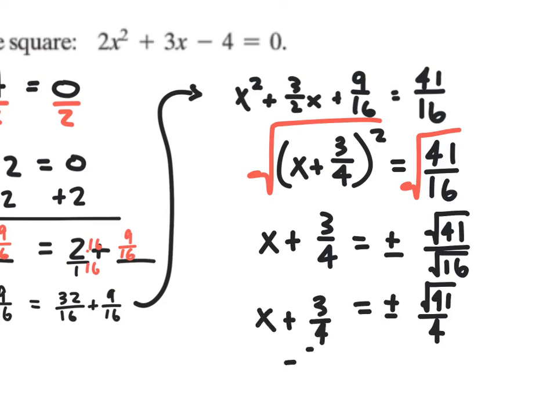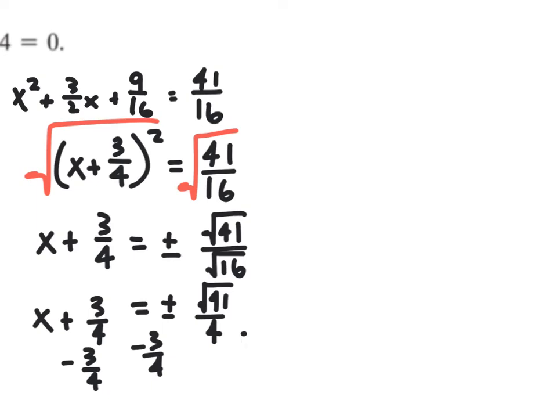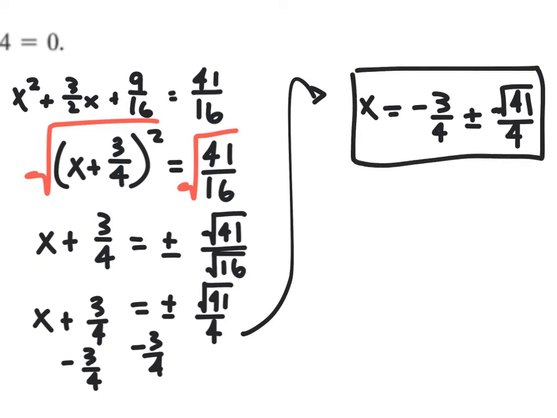Now, I'm going to subtract 3/4 from both sides, okay? And here's what I'm going to get: x is equal to negative 3/4 plus or minus the square root of 41 over 4. Now, you can leave your answer like this. That's fine.